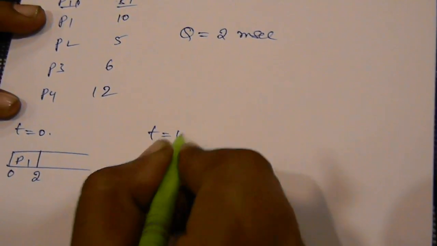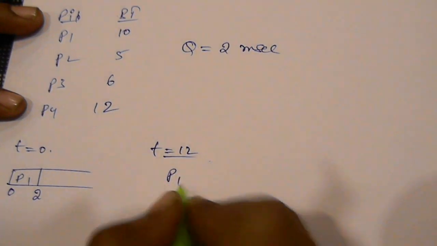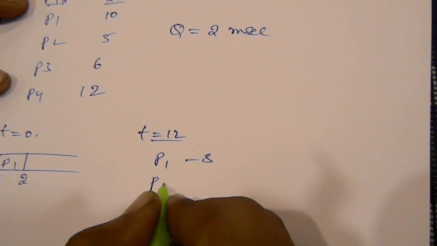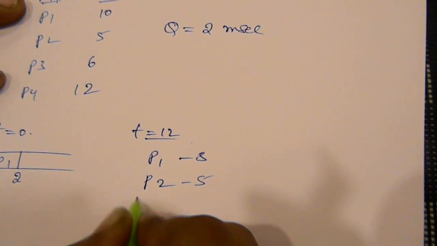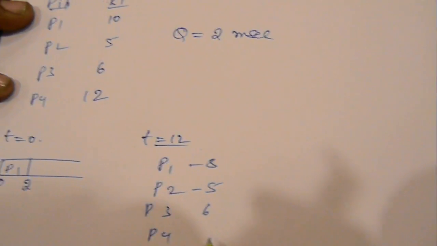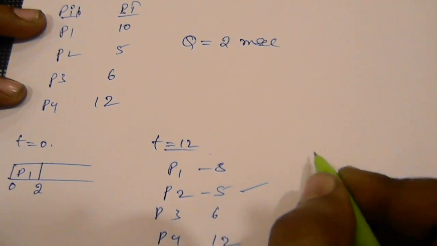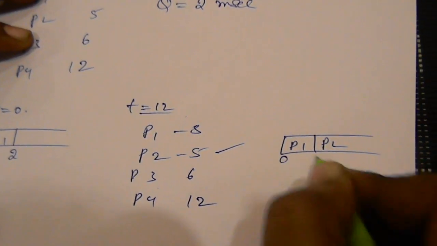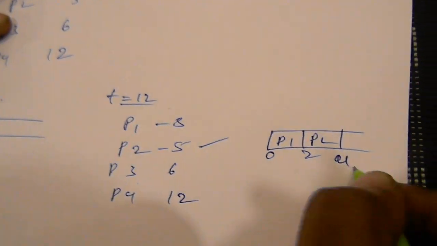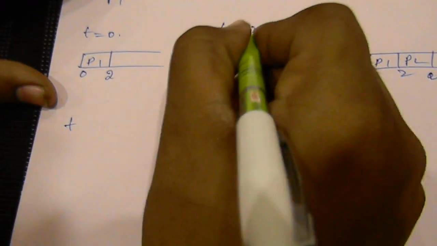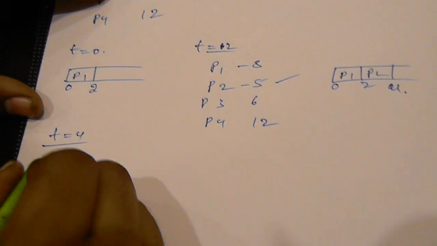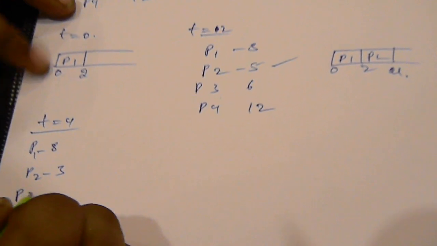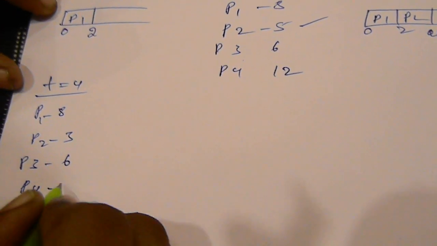Now at t equals 2, the processes are P1 with 8 milliseconds, P2 5 milliseconds, P3 6 milliseconds, P4 12 milliseconds. Now P2 will execute, so P1, P2: 0, 2, 4. At t equals 4 milliseconds, P1 with 8, P2 with 3, P3 with 6, P4 with 12.